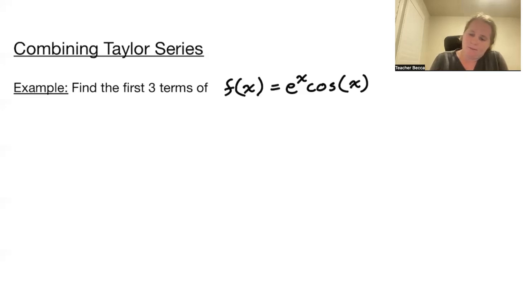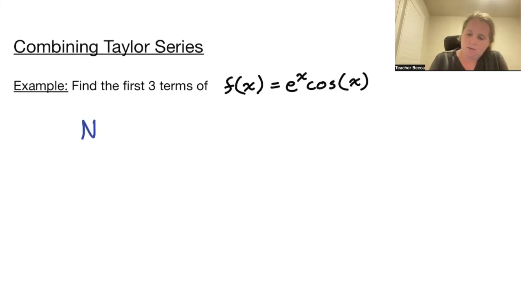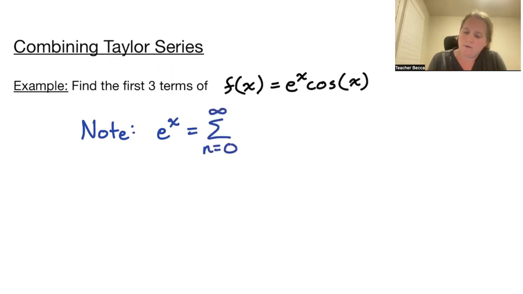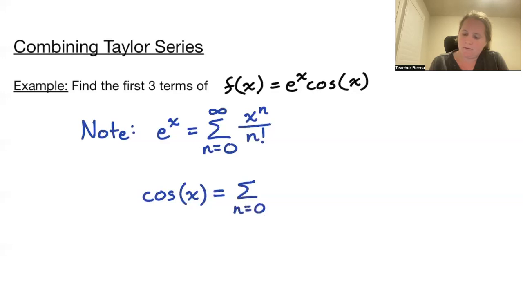So note that e to the x is equal to the sum from n equals 0 to infinity of x to the n over n factorial, and cosine of x is equal to the sum from n equals 0 to infinity of -1 raised to the nth power times x raised to the 2n over 2n factorial.